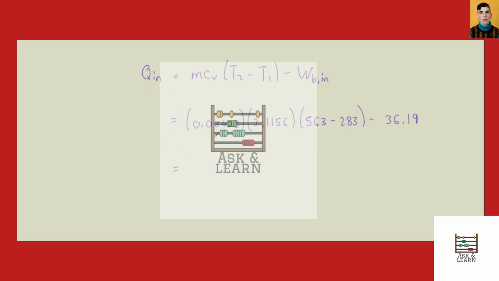So all our units are in SI units. We get the heat transfer into the system, Q in, is minus 6.51 kilojoules. So the negative sign here indicates that heat is actually lost from the system.